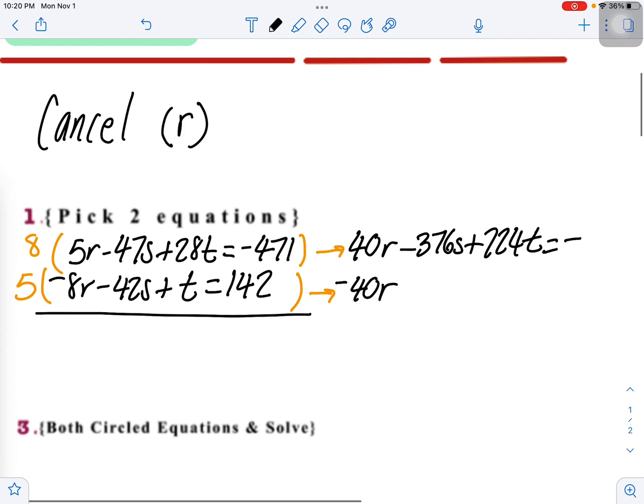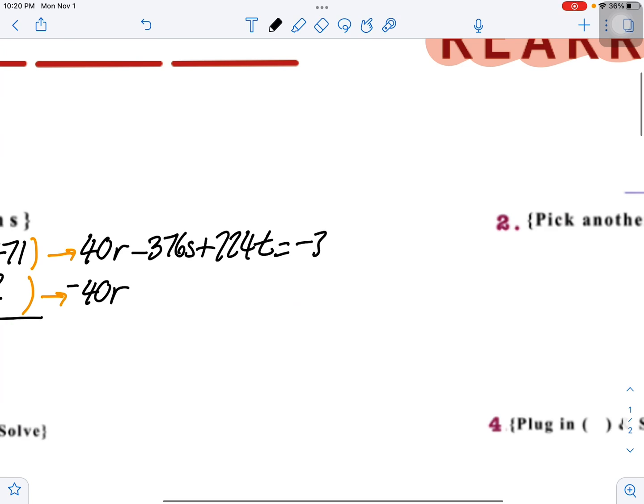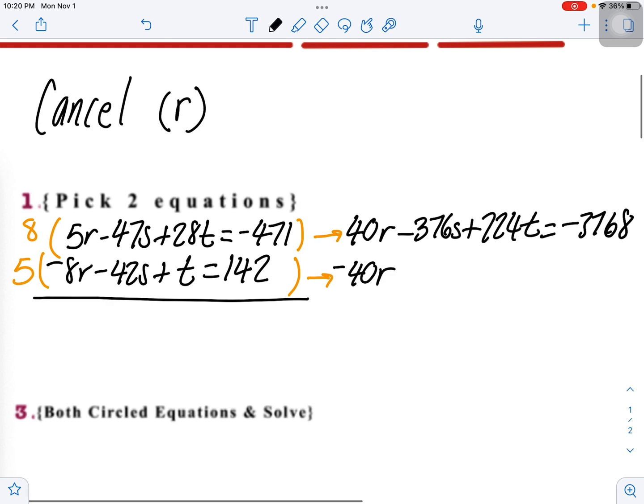is equal to negative 471 times 8 is 3768. Look at that. That's the top one. So the bottom, 5 times negative 42 is negative 210s plus 5 times t is 5t is equal to 5 times 142 is 710.